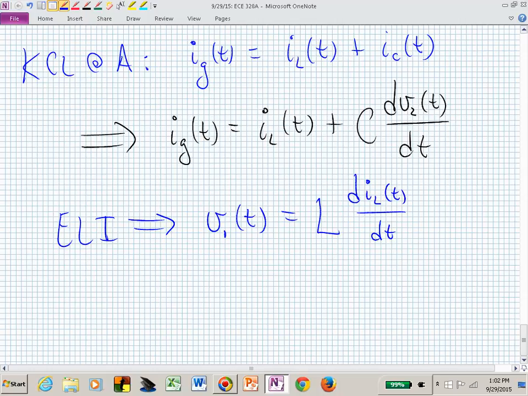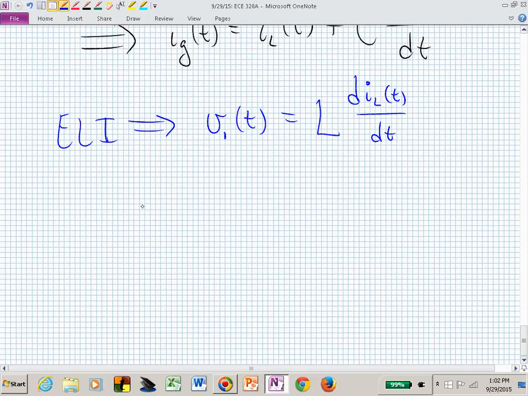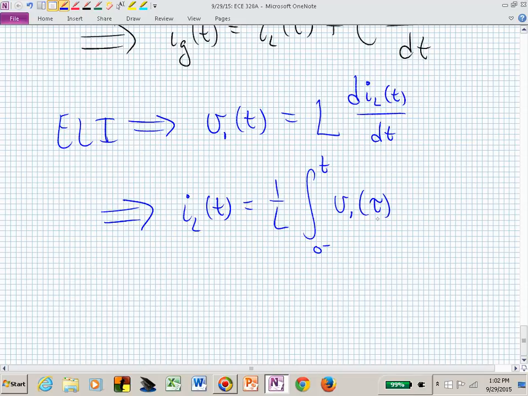Now we can integrate both sides and have an expression for I sub L of t. That's now 1 over L integral from 0 minus to t, because we're throwing that switch at 0, of V sub 1. Let me use another variable because t is my upper limit of integration. So I'll integrate my variable of integration. Let me just use tau.